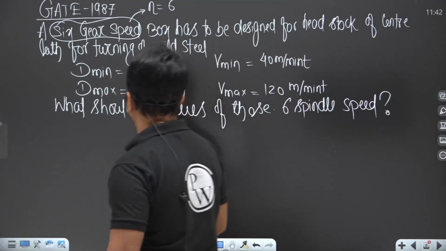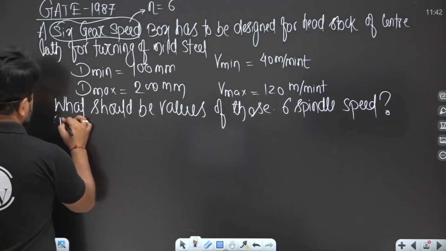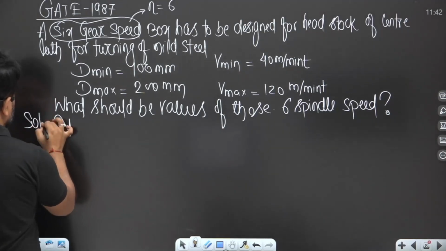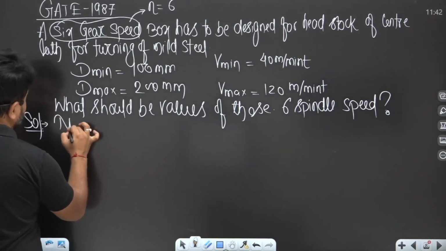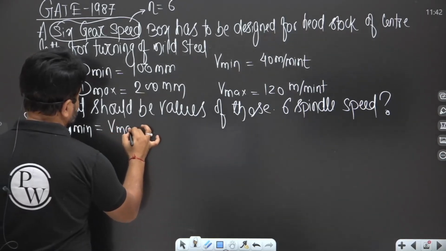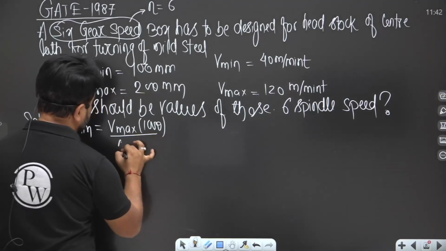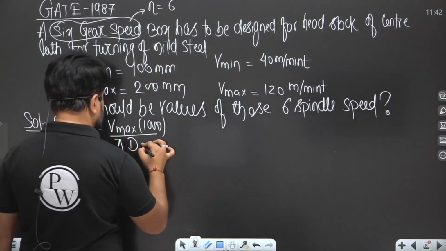What should be the values of those 6 spindle speeds? The basic criteria in the solution is that we should find N min, that is V into 1000 divided by pi D.